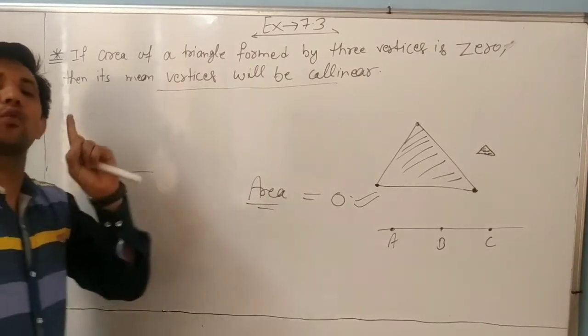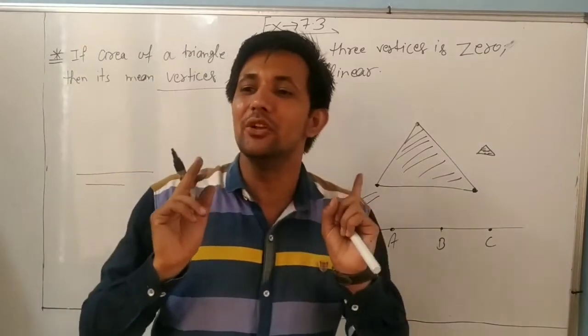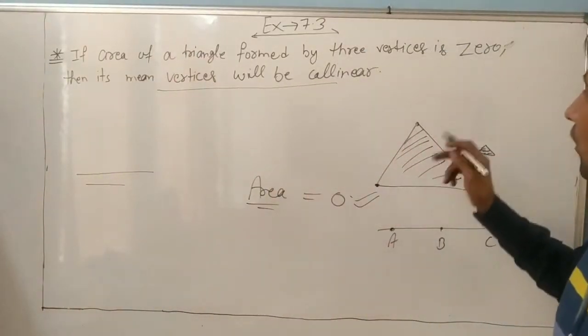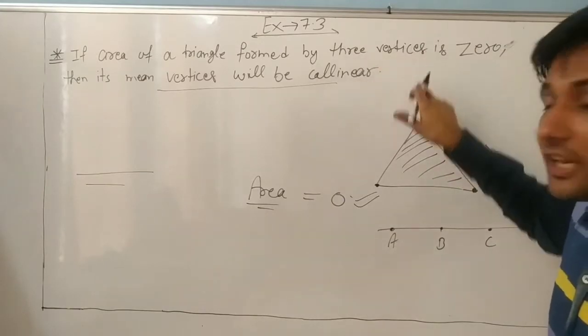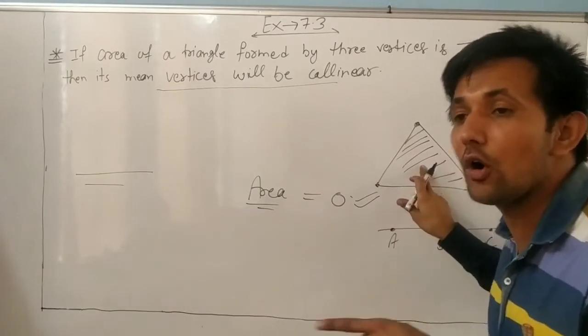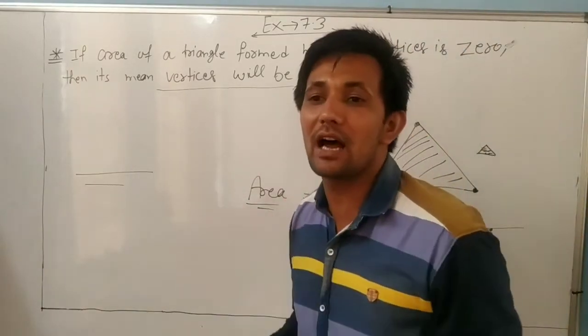So the area of a line is always 0. It means if the area made by these 3 vertices comes 0, it means the points are collinear.